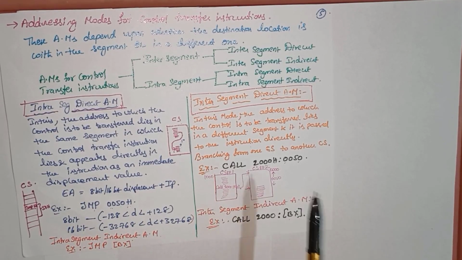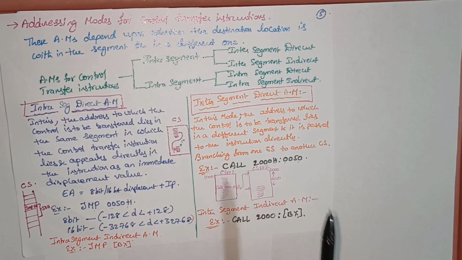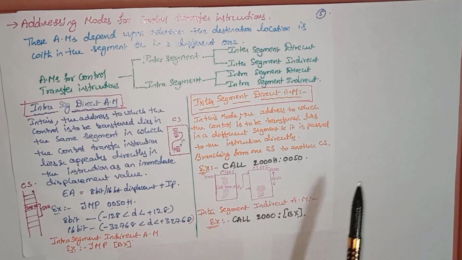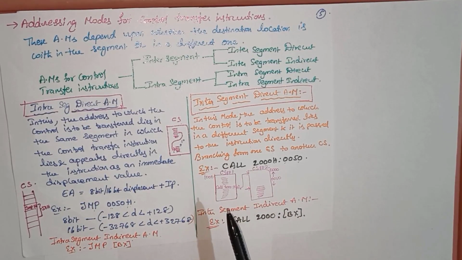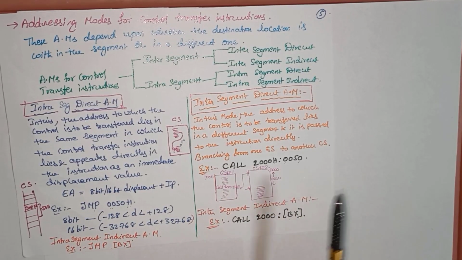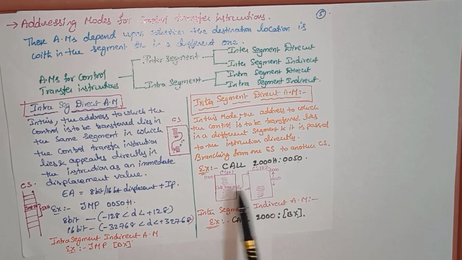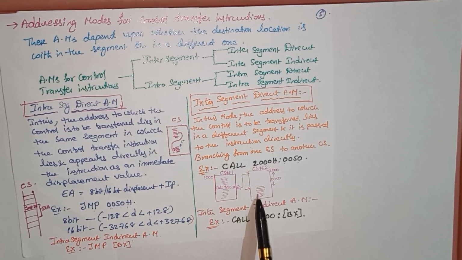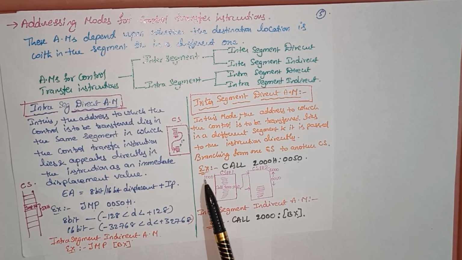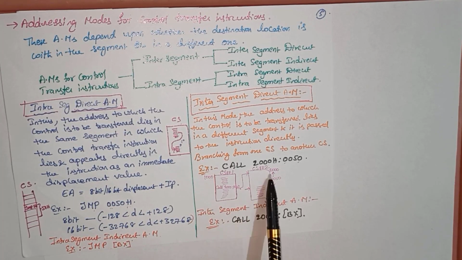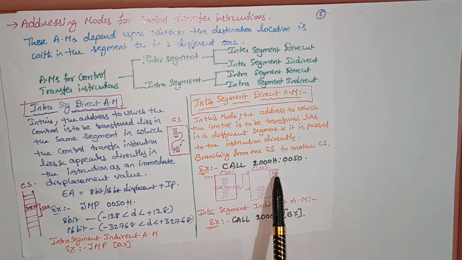We have discussed in memory segmentation that 16 segments are there: 4 code segments, 4 extra segments, 4 data segments, 4 stack segments. So here I am considering 2 code segments, code segment 1 and code segment 2. Code segment 1 starts at 1000, code segment 2 starts at 2000.